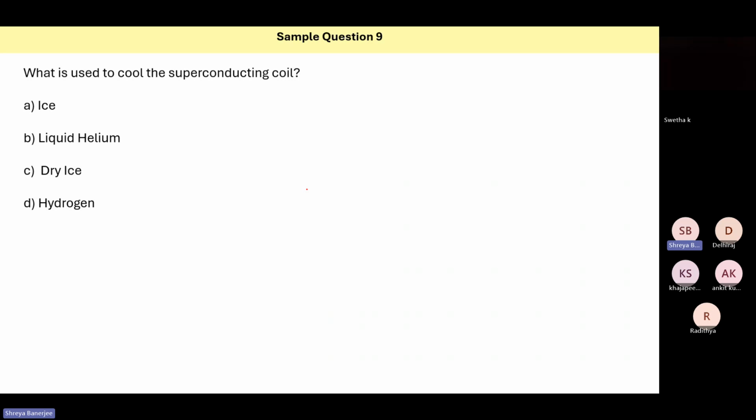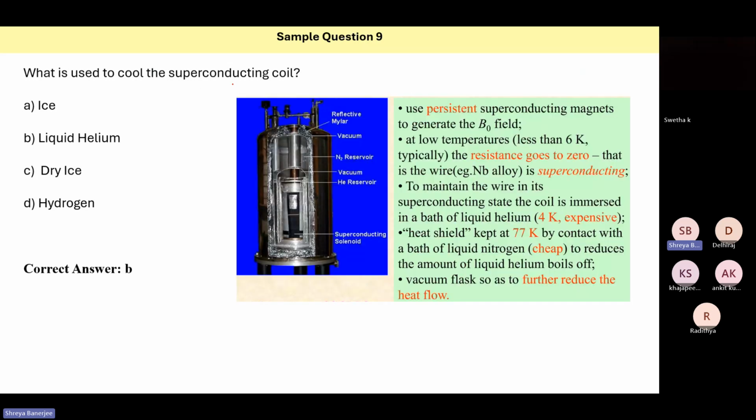There was one question which is just an information question, asking what is used to cool the superconducting coil in NMR. The correct answer is liquid helium. This is the picture of an NMR spectrometer, and the sample is injected in a tube here. You need a very strong magnetic field for NMR, and to generate that strong magnetic field, you need superconducting magnets.